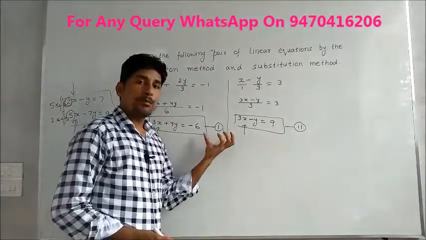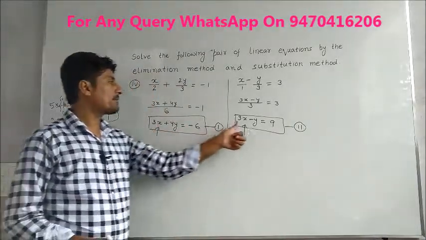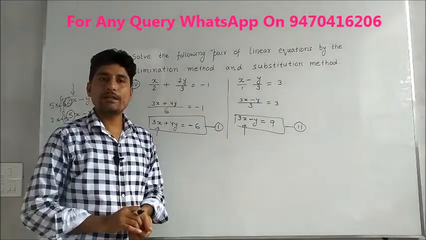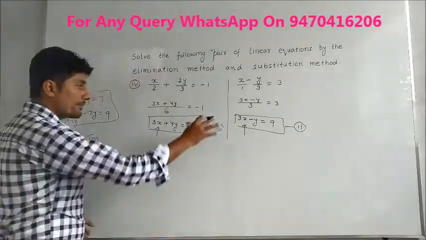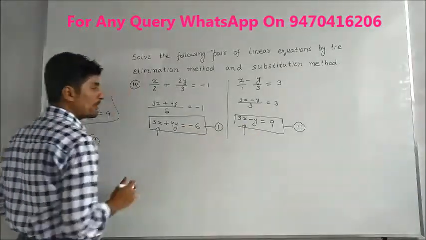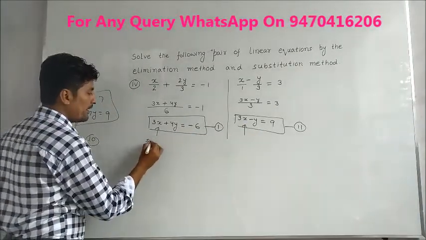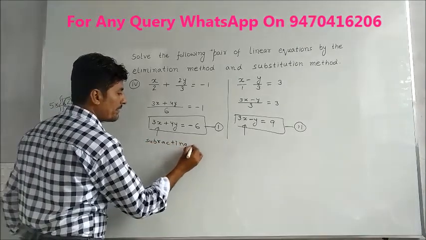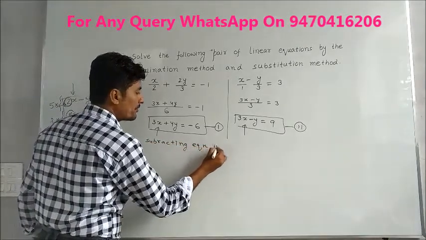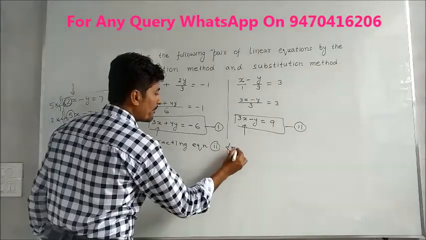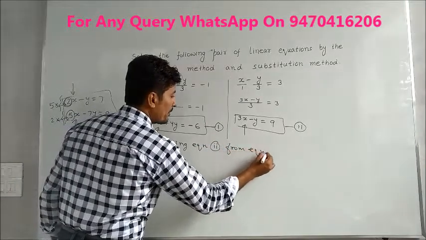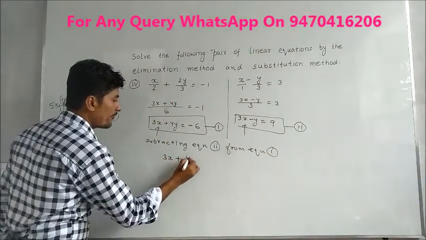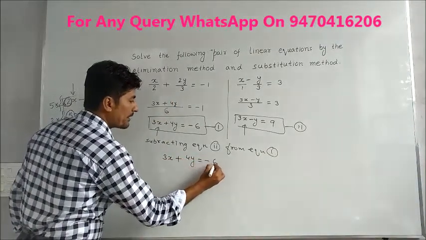If we add both the equations, then 3x plus 3x is equal to 6x. It will not be eliminated. So we have to subtract equation 2 from equation 1. We can write here, subtracting equation 2 from equation 1: 3x plus 4y equals to minus 6.